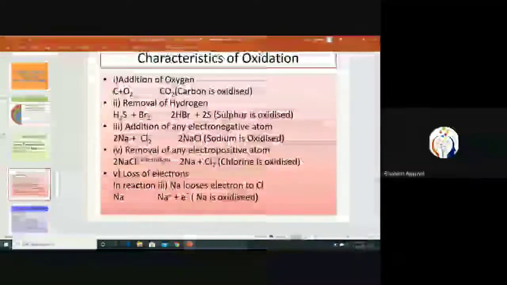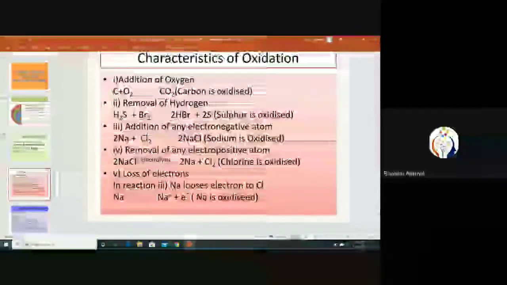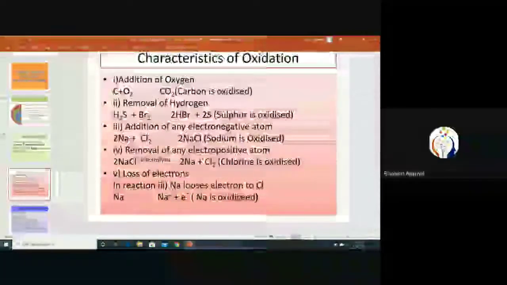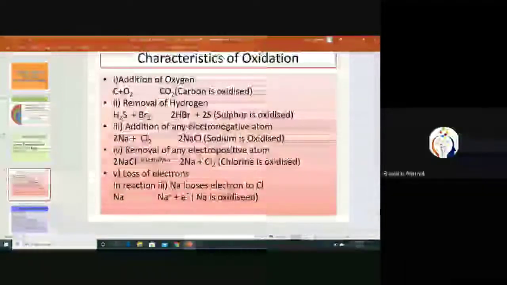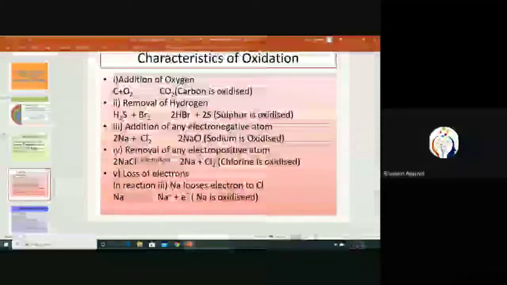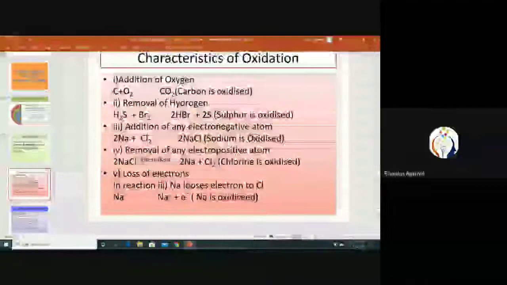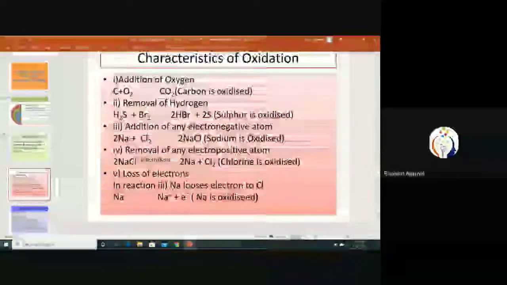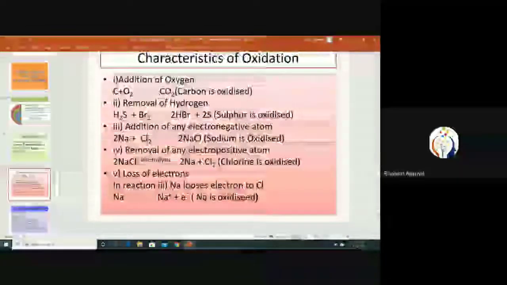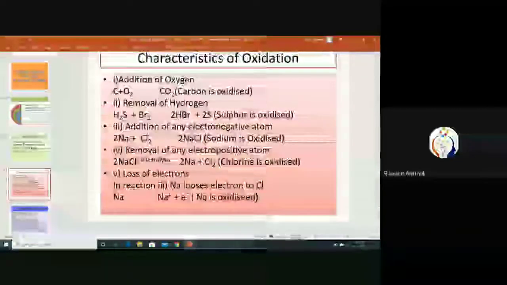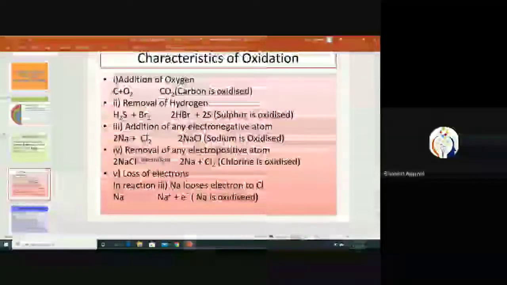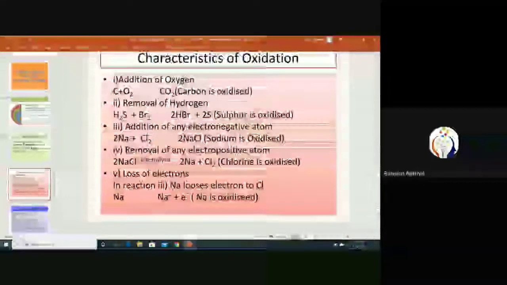Similarly to oxygen, any other element or ion which has a negative charge is said to be an electronegative atom. Now in this reaction, sodium reacts with chlorine to form sodium chloride. Chlorine also possesses -1 valency, so it is electronegative in nature. And in this reaction, sodium gets oxidized by chlorine.